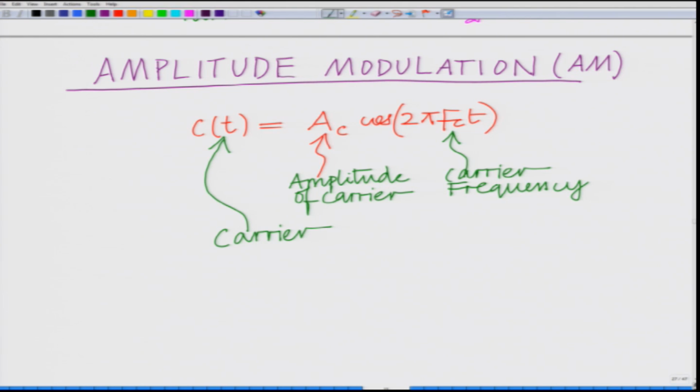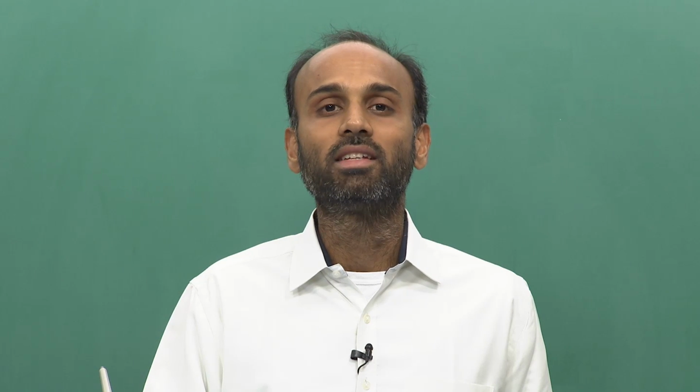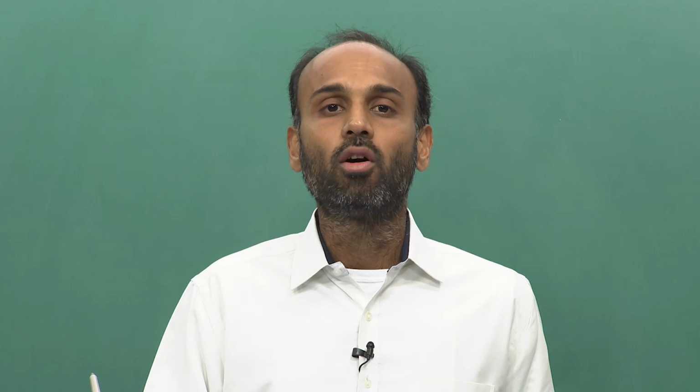This is fundamental in every communication system, and the signal, that is the baseband signal or the message signal, is modulated on this carrier. There are various ways to modulate the carrier. One of the techniques is amplitude modulation, in which the amplitude of the carrier is modulated.